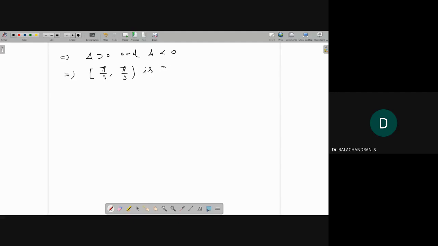So can anybody find the maximum value? 3 root 3 by 2. Yes, 3 root 3 by 2, correct. The maximum value of f of x comma y is sine pi by 3 plus sine pi by 3 plus sine of x plus y, 2 pi by 3.